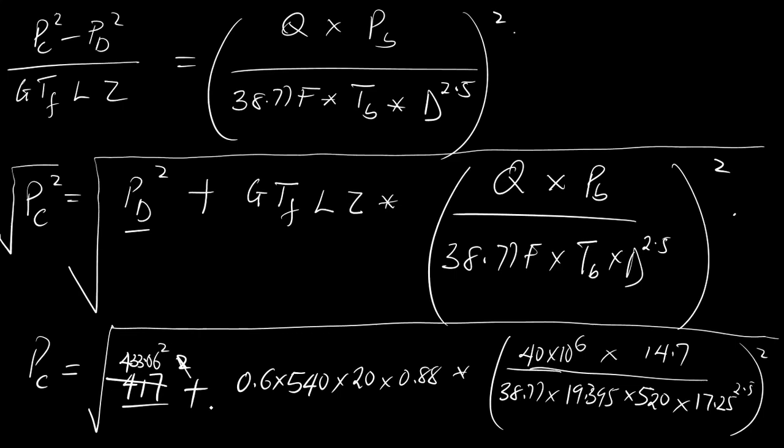pressure at C. So we have 433.06 square plus 0.6 times 540 times 20 times 0.88 times bracket open 40 times 10 raised to the power 6 times 14.7 divided by 38.77 divided by 19.395 divided by 520 divided by 17.25 raised to power 2.5.